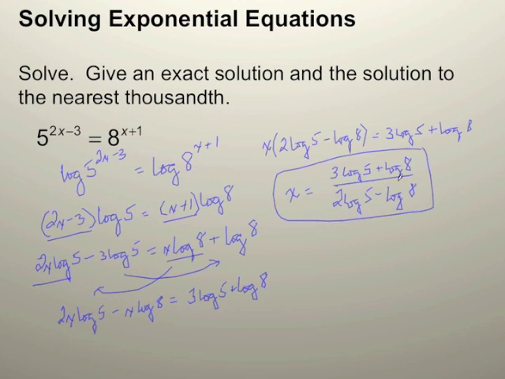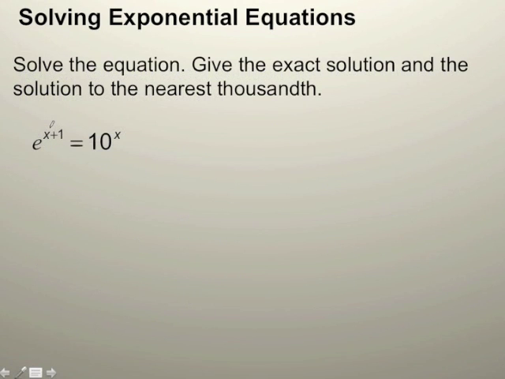When I go to grab my calculator and find the nearest thousandth, I'll have parentheses around my numerator and denominator, and make sure you close the log parentheses also. And x will be approximately 6.062. We want both the exact solution and the nearest thousandth.